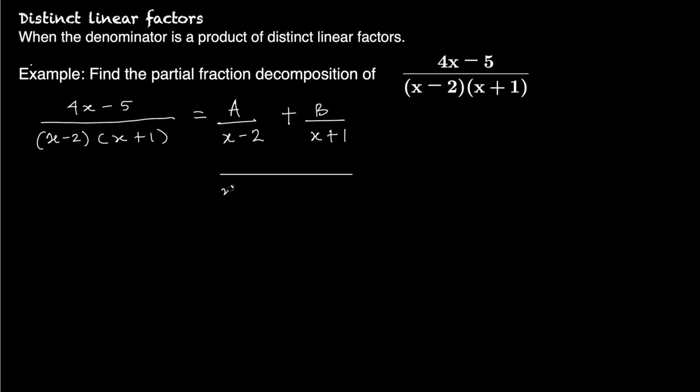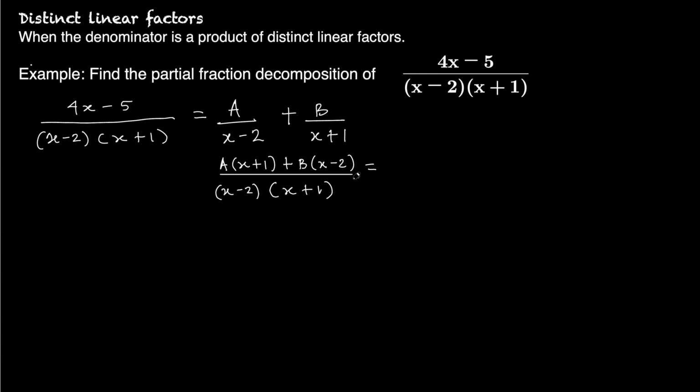So we have (x minus 2)(x plus 1). x minus 2 goes into it, so we multiply that by A(x plus 1), plus B into (x minus 2).